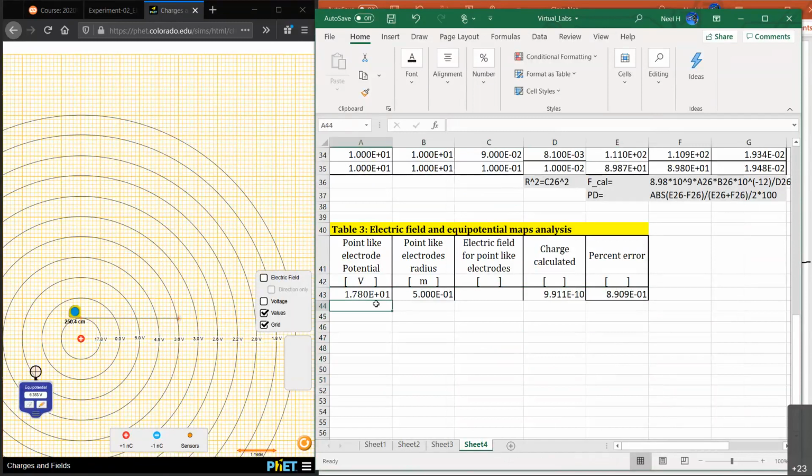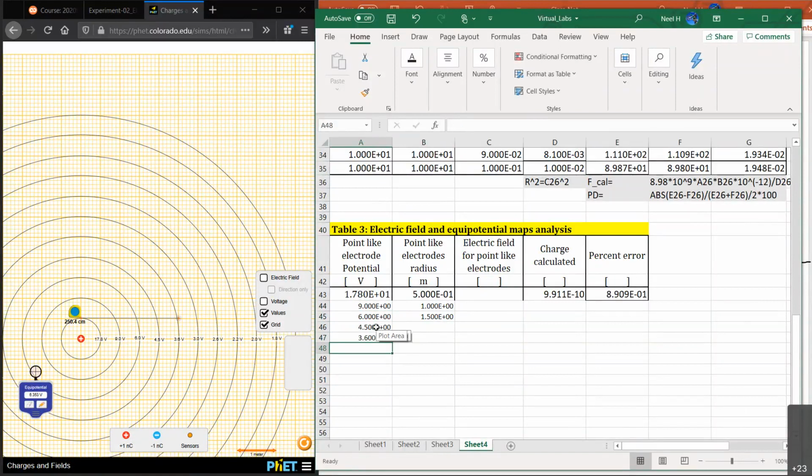Second equipotential line, 9 volts, separation is 1 meter. Okay, 9 volts, 1 meter. Third equipotential line, 6 volts, 1.5 meters. We go in each 50 centimeters at a time. Okay. Fourth equipotential line, 4.5. Fifth one, 3.6.